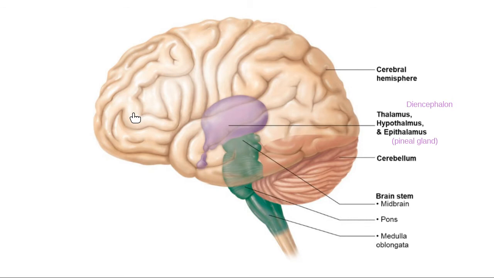Tierney had asked a question that I had missed. She asked about sensory versus motor neurons in the cerebrum. So just to tie that in, the only place in the cerebrum where we're going to have motor neurons is going to be here in the frontal lobe, especially here in this pre-central gyrus, the bump in front of the central sulcus.